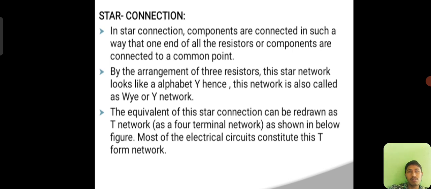The equivalent of this star connection can be redrawn as a T network, as shown in the figure. Most electrical circuits consist of T-form networks. Star connections can be easily identified, as they are in Y shapes.